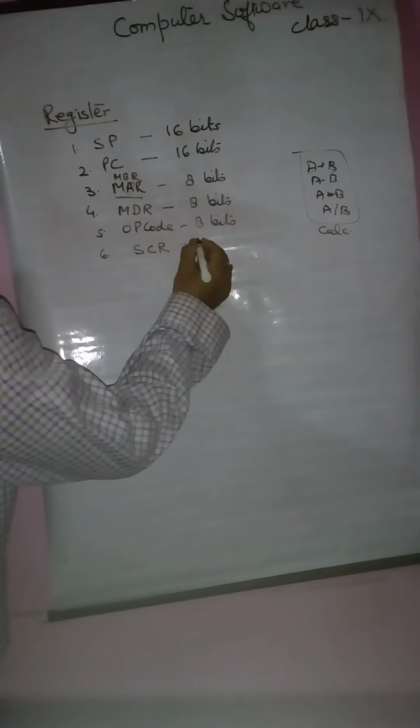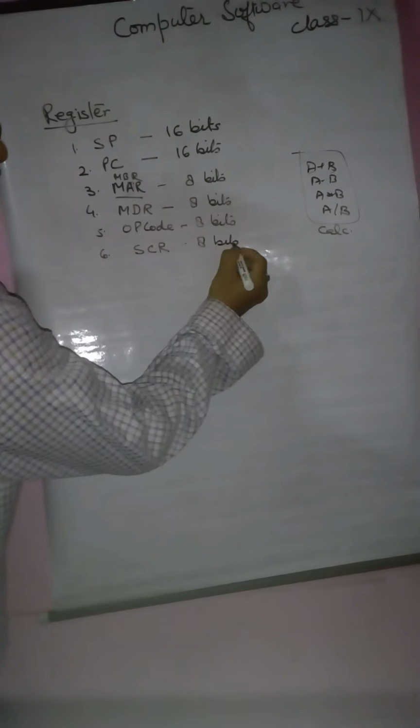Sequence control register simply controls the sequence of the sub process, means it maintains the BODMAS rule on the sub process. It is also of 8 bits. Clear?